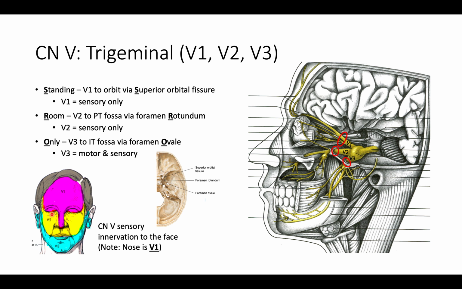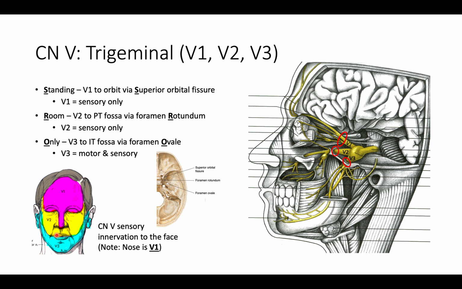We talked about V1 and V2 being affected, but if somebody lost sensation to the top of their nose, it's important to know that's V1 and not V2. V2 gets the cheeks, the outer nares, and then the maxilla and upper lip, but it's not getting that nose.